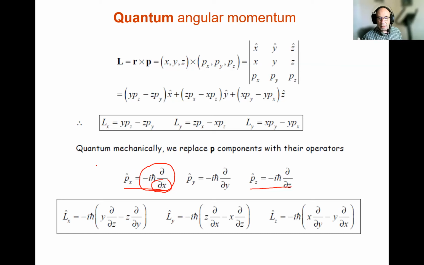Momentum is a number in classical physics. In quantum mechanics, according to our postulate number 2, we should be representing it by an operator. And how the operator looks for momentum is like this. So this is also a postulate. And then we can write down our orbital momentum in terms of these quite complex operators, right?